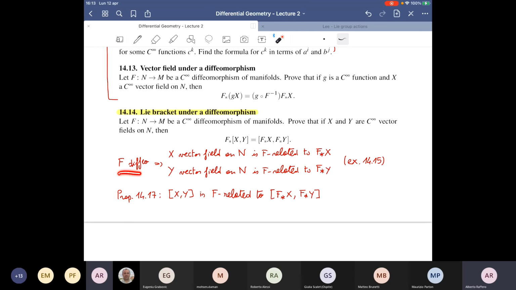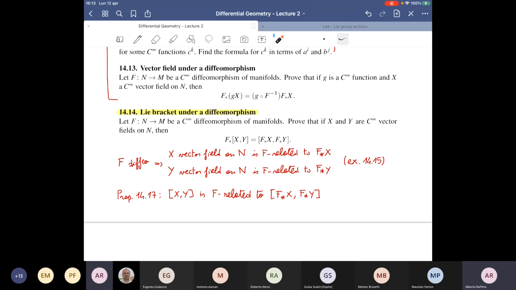In particular, since F is a diffeomorphism, we know that X is a vector field on N which is F-related to F star X. This is the example 14.15 we discussed earlier.